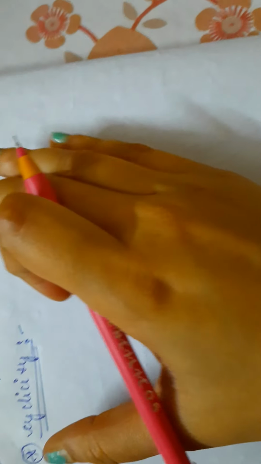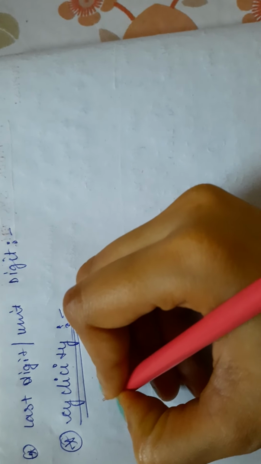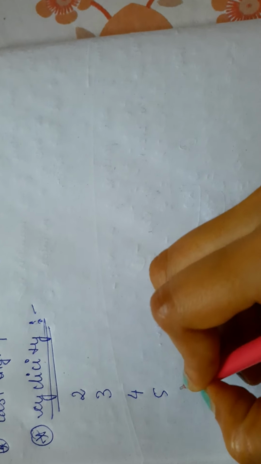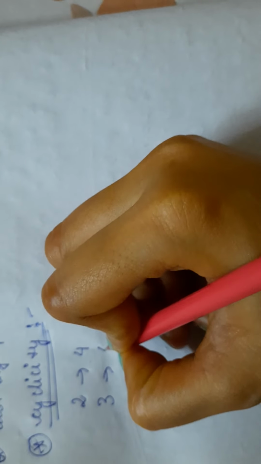So just remember this. I am writing a chart so that you can memorize the cyclicity, which will be very helpful to you. For the cyclicity of 2, 3, 4, 5, 6, 7, 8, 9: cyclicity of 2 is 4, of 3 is 4, of 4 is 2, of 5 is 1, of 6 is 1, of 7 is 4, of 8 is 4, of 9 is 2.